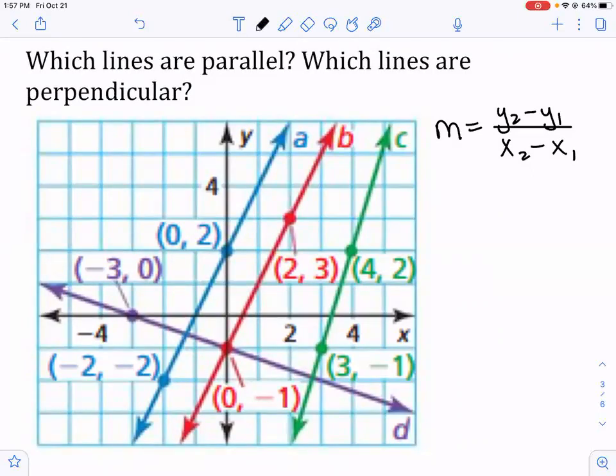Do you have math to back that up? Yes, I do. Okay. Write it.